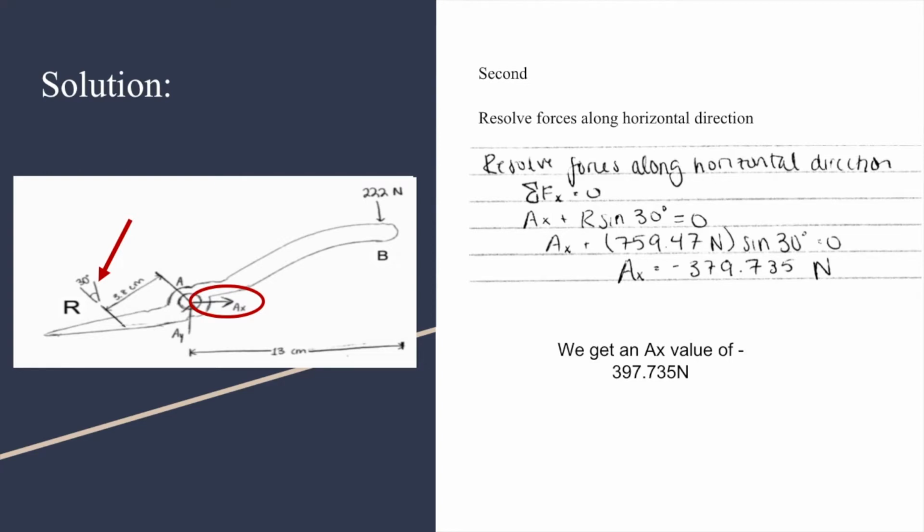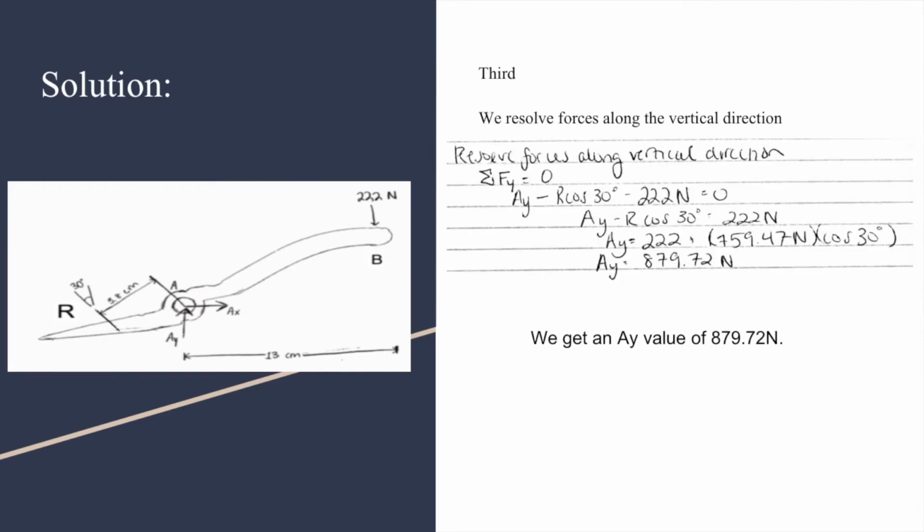So they all equal 0. For R, we substitute what we found before, which is 759.47 newtons, and we multiply that by the sine of 30. We end up getting negative 379.735 newtons as our A sub x value.